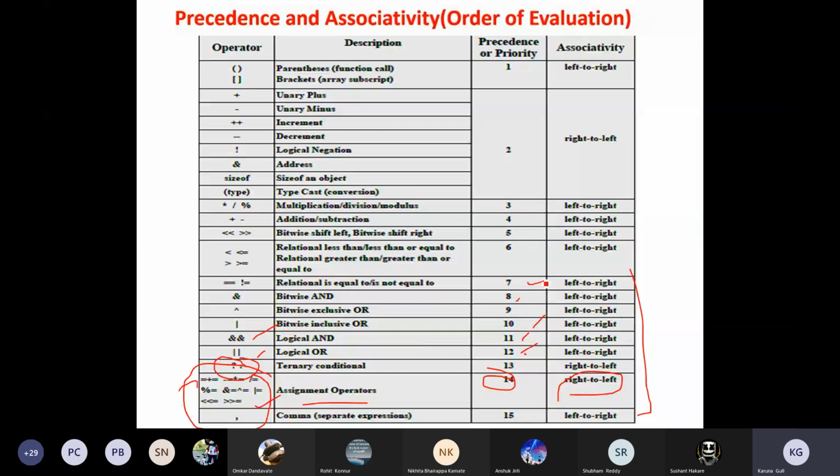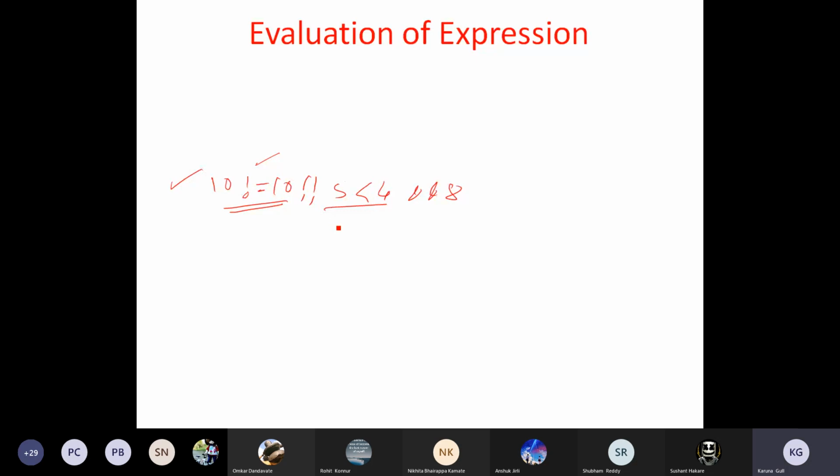Not equal to has the 7th priority and less than has the 6th priority. Correct? So this has to be done first, and the other things I will keep as they are. Is 5 less than 4?